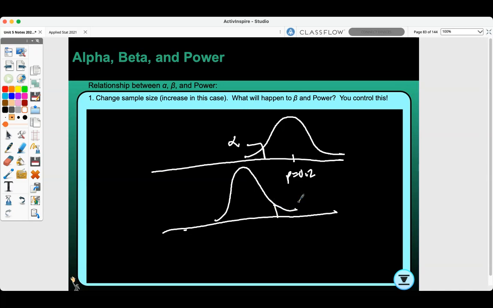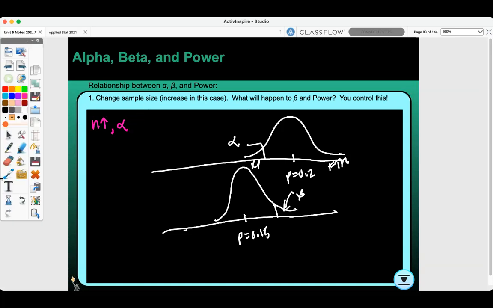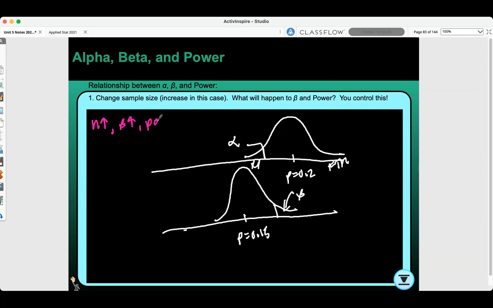And here, this side would be beta. Again, we'd have something like p equals 0.15. And this is your fail to reject region, your rejection region. And here, as n increases, so n is going up, alpha decreases, and power goes up. So beta decreases and power goes up.